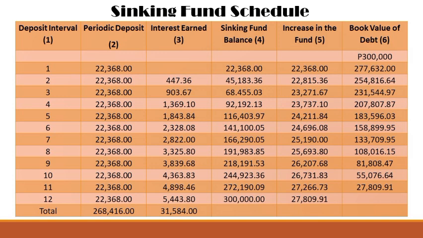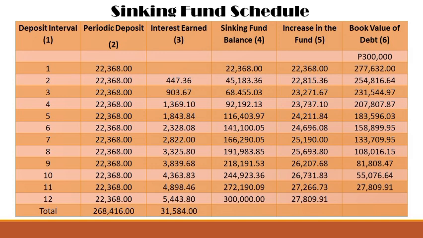On the third deposit period, the interest of 903 pesos and 67 centavos is computed as 45,183 pesos and 36 centavos multiplied by the periodic interest rate of 8% and multiplied by the compounding period, which is 3 over 12, and so on.